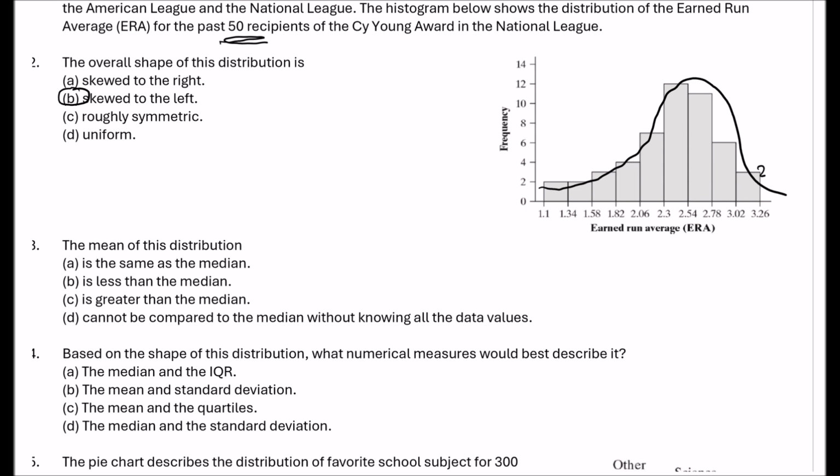This is approximately where the median is, the 50% mark. Because the longer tail is on the left side, the mean is going to be pulled in that direction, so the mean might be somewhere around there. It's going to be less than the median. If it's skewed left, it's going to be less than the median. If it's skewed right, it's going to be greater than the median.